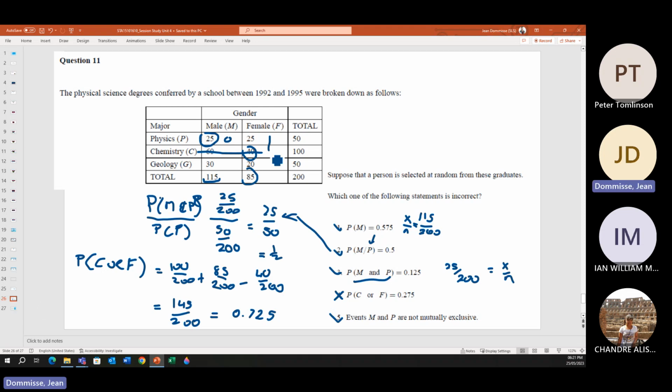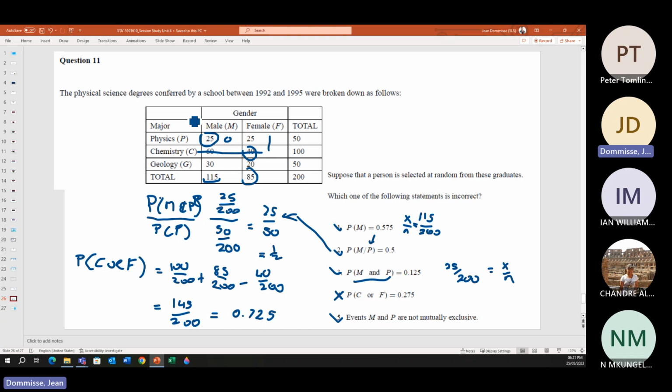Okay, so that's a few problems on the probability distribution, nearly the introduction to probabilities.